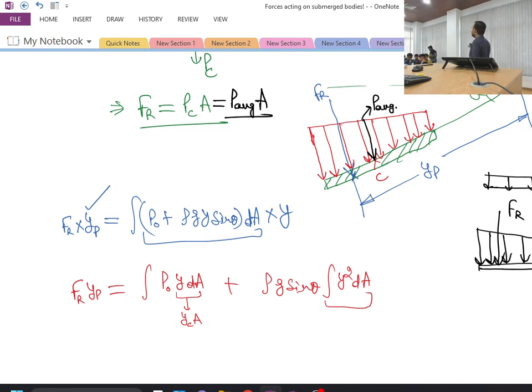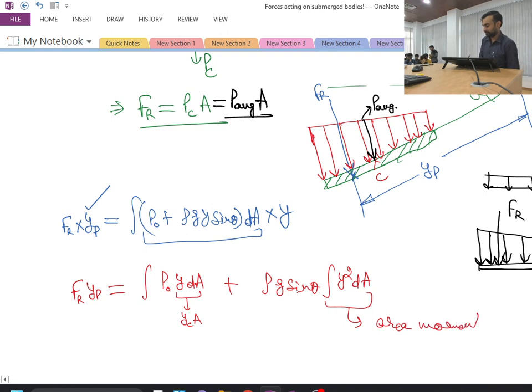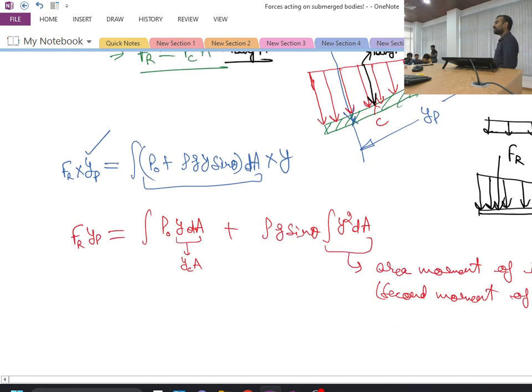The way we define moment of inertia, in a similar way we can define area moment of inertia, or I can call this the second moment of area. Okay. So what is y square dA? It is nothing but the second moment of area or area moment of inertia.